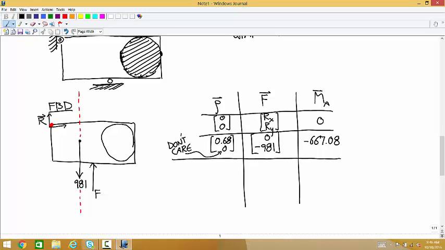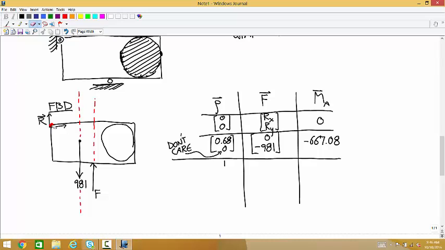And then the last one is the reaction at the ground, the roller. What are the coordinates where that force is applied? Yeah, 1. This also, the line of action is like this, so the y position doesn't matter in this case.